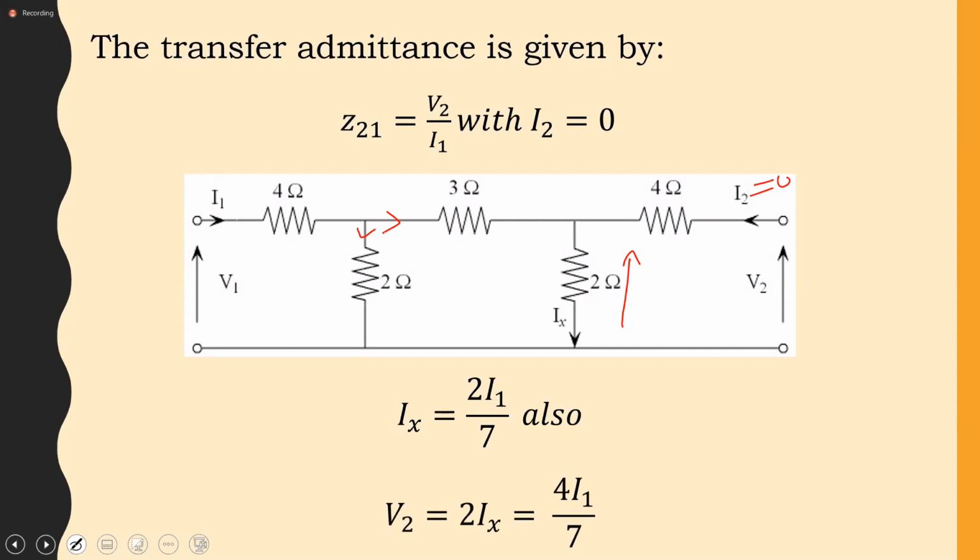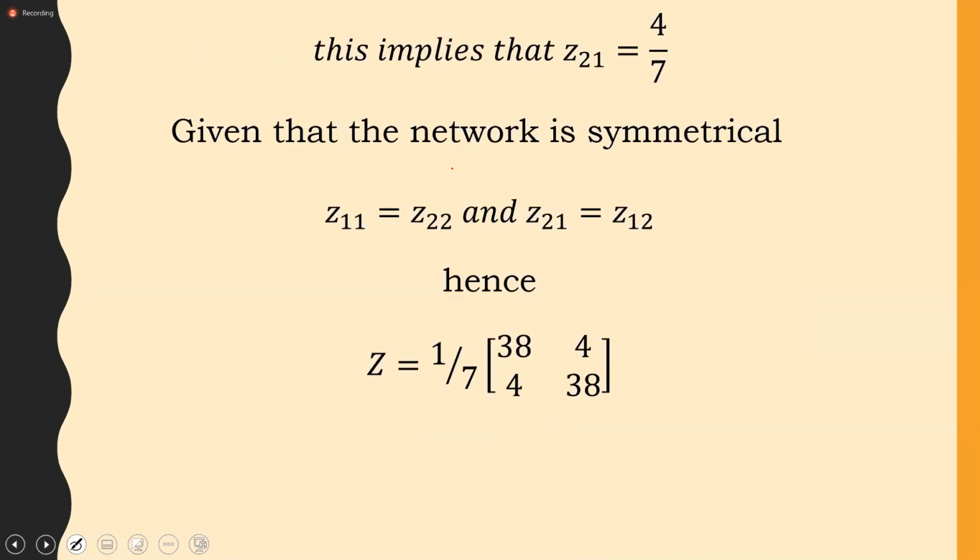I then rearrange this expression so I have that ratio. And in order to get that ratio, we will have V2 over I1 to be equal to 4/7.